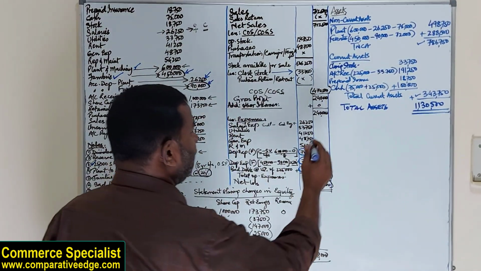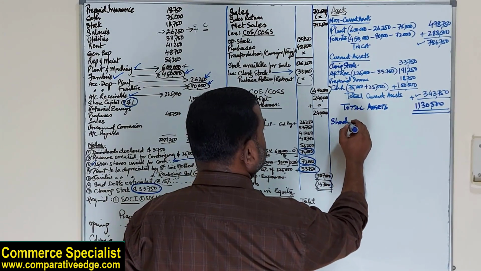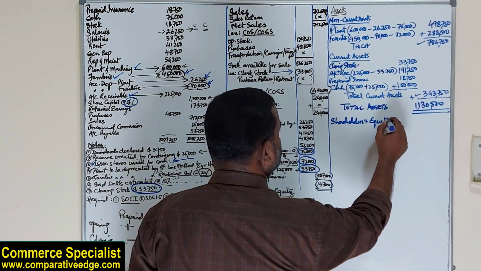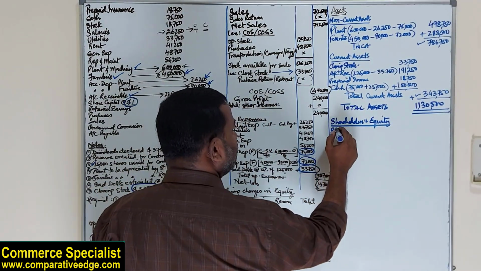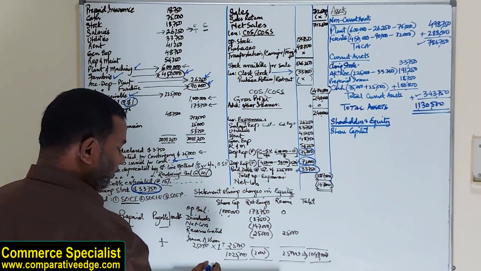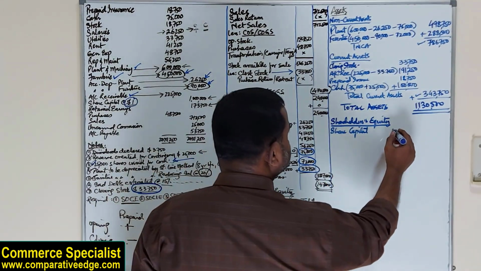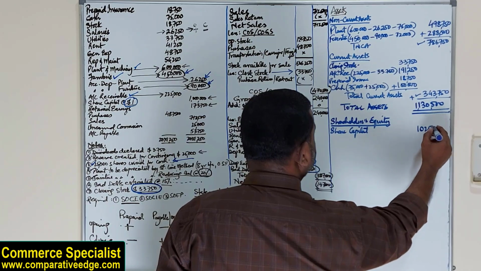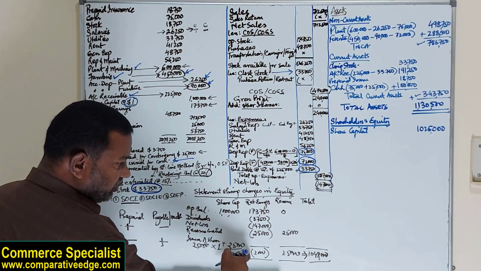Next step is about the shareholders' equity. So I'm writing here shareholders' equity. Now in shareholders' equity, what you do is you write share capital. From here, the final balance 1,025,000. You take retained earnings, which is minus 2,000.